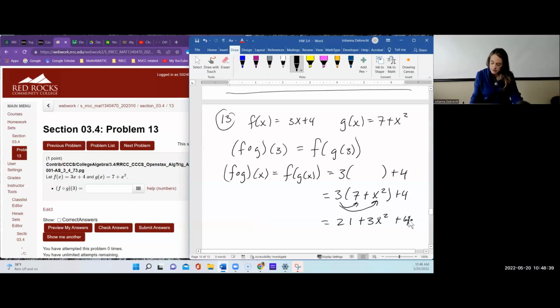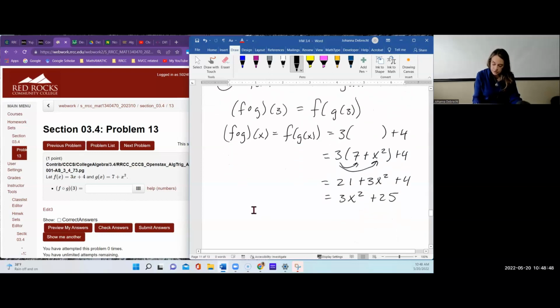The 21 and the 4 combine to give us 25. So we have 3x squared plus 25. Then to find f of g of 3, we simply plug in 3 into this new composed function. Three squared is 9, and 9 times 3 is 27. We get 27 plus 25, which would give us 52.